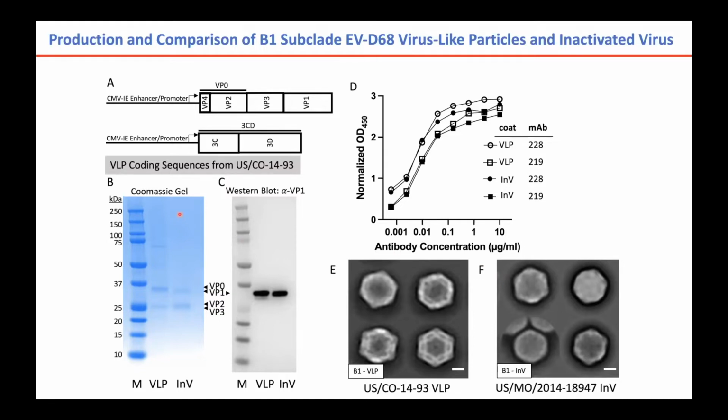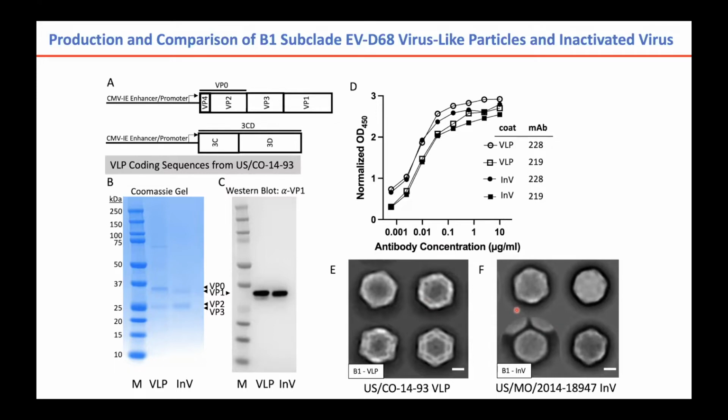After purifying these particles, we see all the bands that we expect in protein gels. These products equally bind commercial EV D68 antibodies, and they equally bind the monoclonal antibodies that Matt talked about earlier that were from human patients. So these are the two products here. On the left are the VLP, and on the right is the inactivated virus.